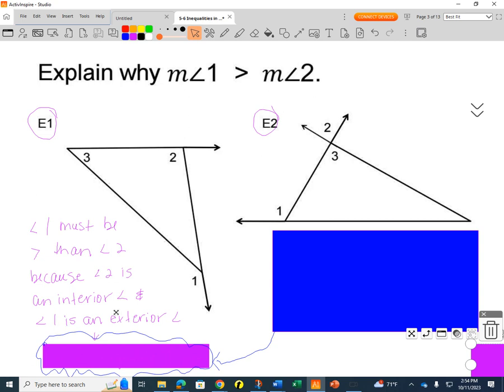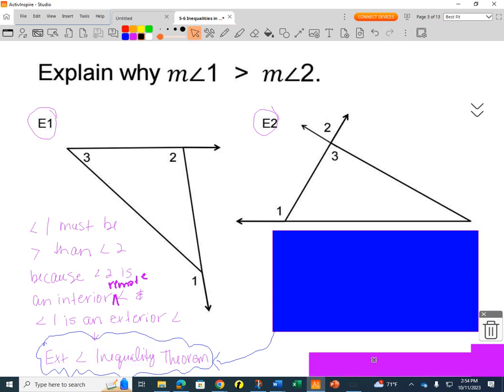So based on the exterior angle inequality theorem, now we know that angle 1 is greater than angle 2.